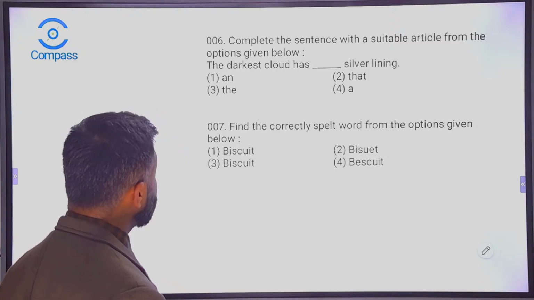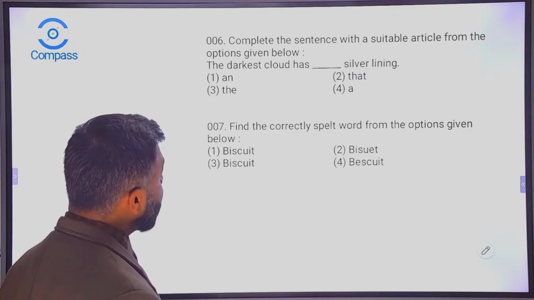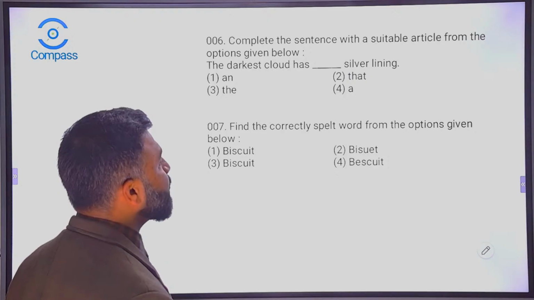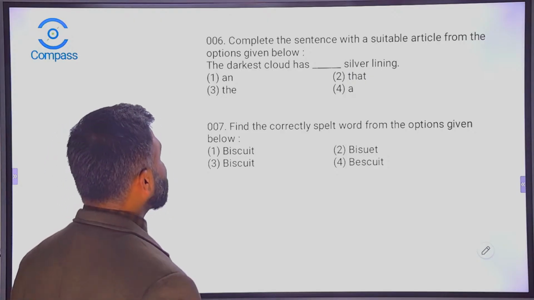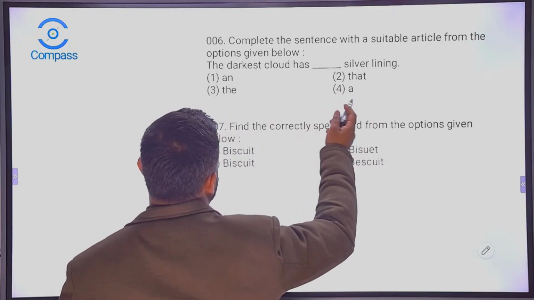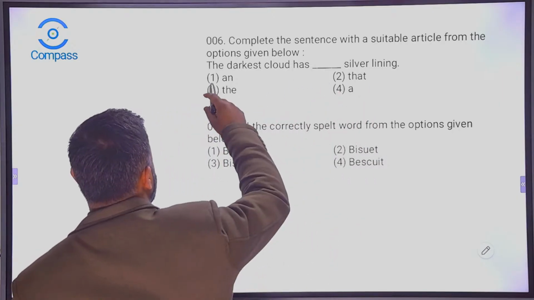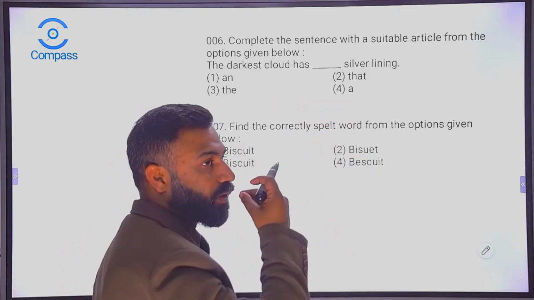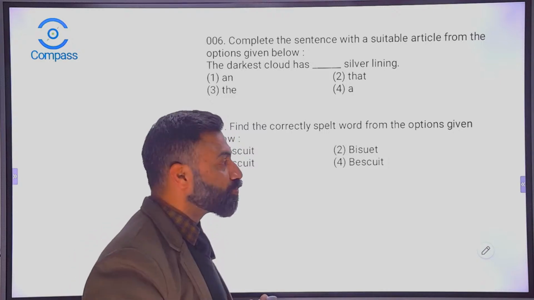What should be the right article that we should use here? The darkest cloud has a silver lining, has an silver lining, has that silver lining, or has the silver lining. What do you say? Come on, articles.